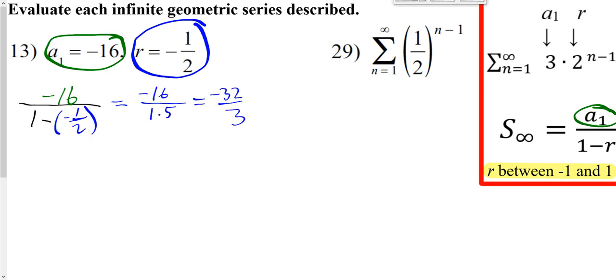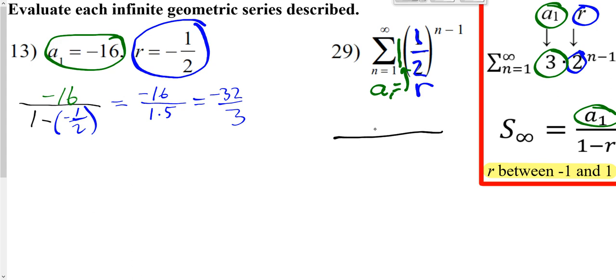We can do the same thing over here. Now remember, that thing that the exponent's on is r, so that's your 1/2. The number that's in front of that that's being multiplied by is your first term. Well, there's really a 1 here, so your first term is 1. So when we use our formula, we have our first term over 1 minus r.